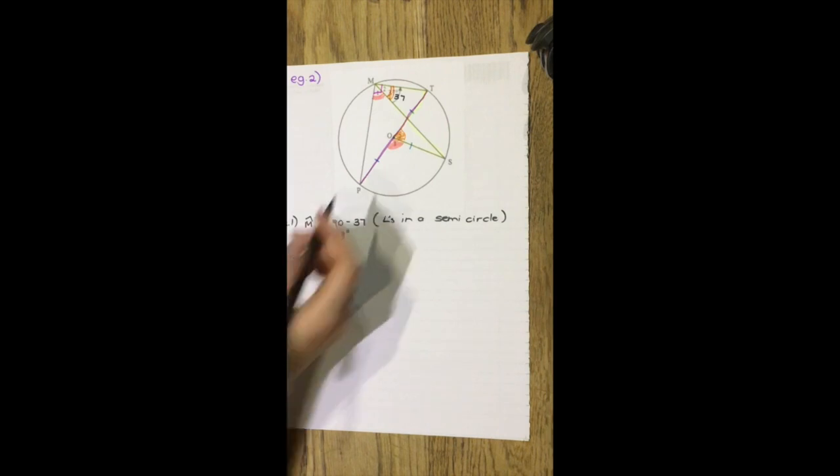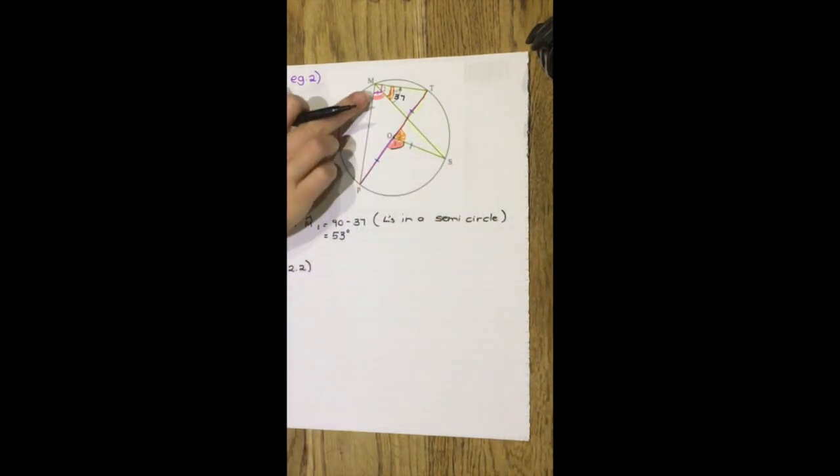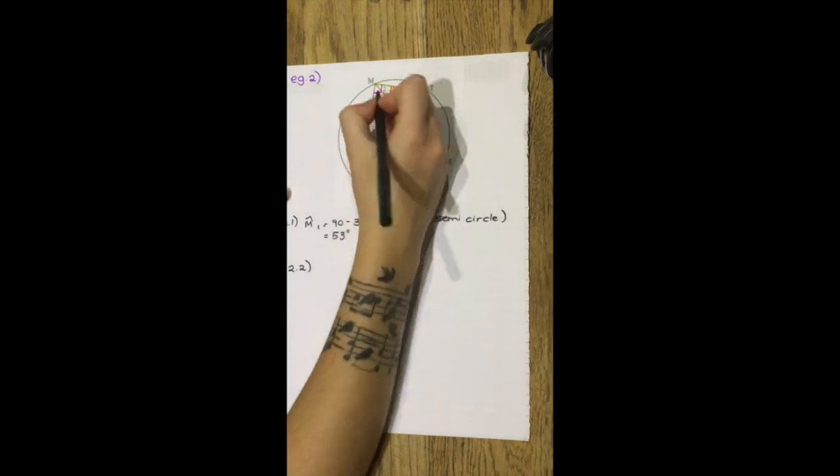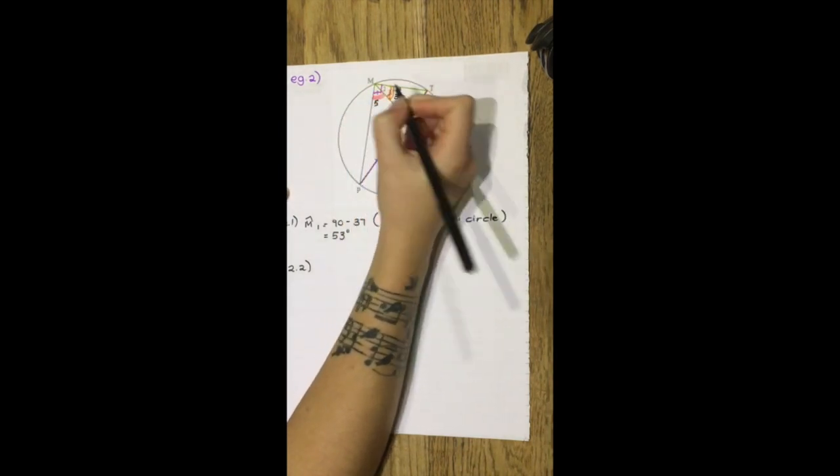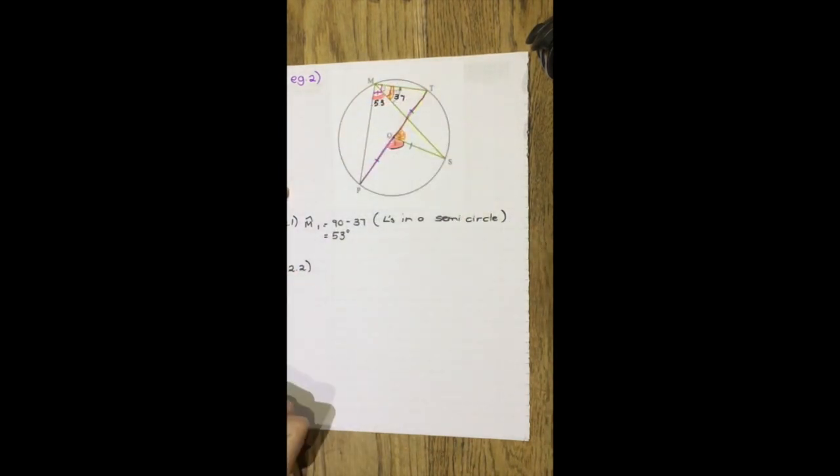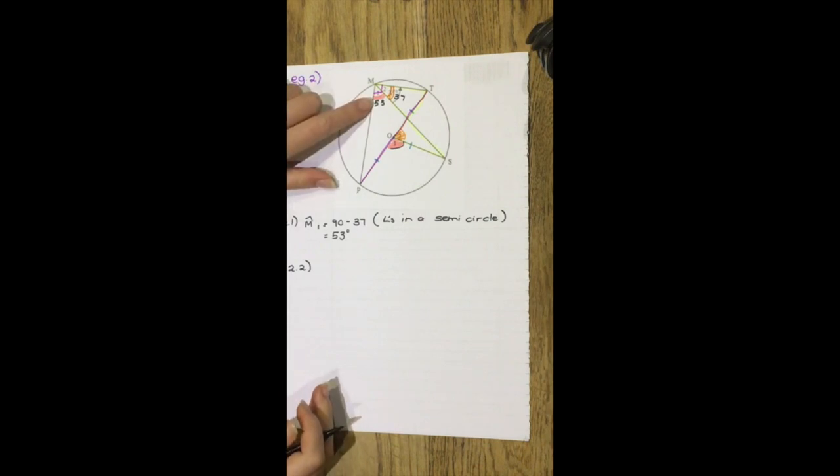2.2 says calculate with reasons the size of O1. So now they want O1. Now remember, you've just done M1. M1 is 53. So O1 is going to be double the size of M1. Are you with me? Because these two correspond.